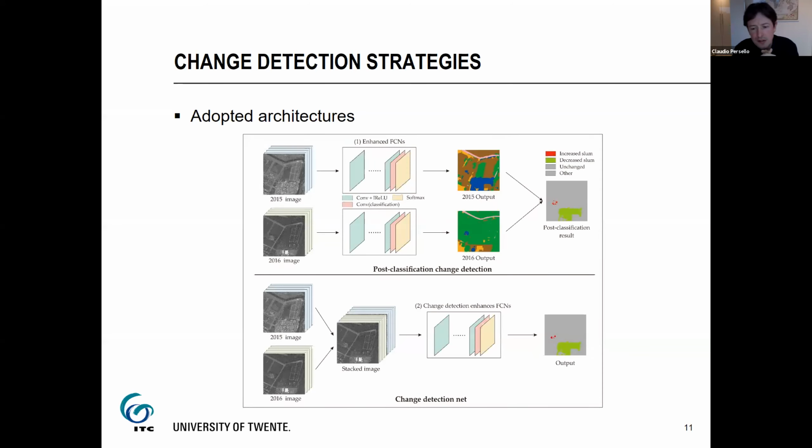In the second case, that is possible, but a little bit more difficult because the types of changes have to be modeled as specific classes. So we need to have training samples of all possible class transitions. But an advantage of the second approach is that it tends to produce more regular, spatially regularized maps, often avoiding irrelevant changes which are simply due to small misalignments between the images.